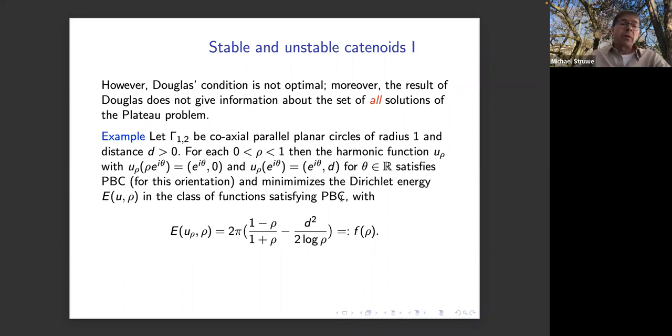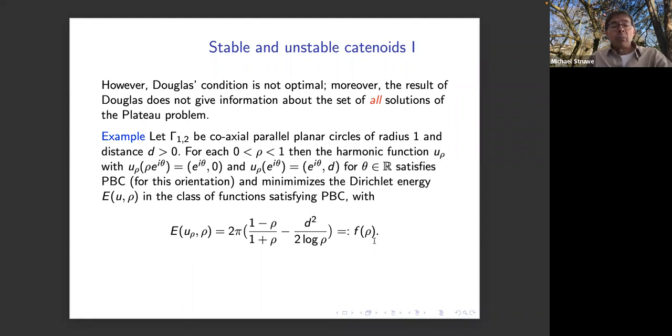So then, with the orientation given by this example, the map u rho satisfies the plateau boundary condition and minimizes the Dirichlet energy for the fixed value rho in this class of functions. And you can compute the Dirichlet energy exactly. It is 2 pi times (1 minus rho divided by 1 plus rho minus d squared divided by 2 log rho).